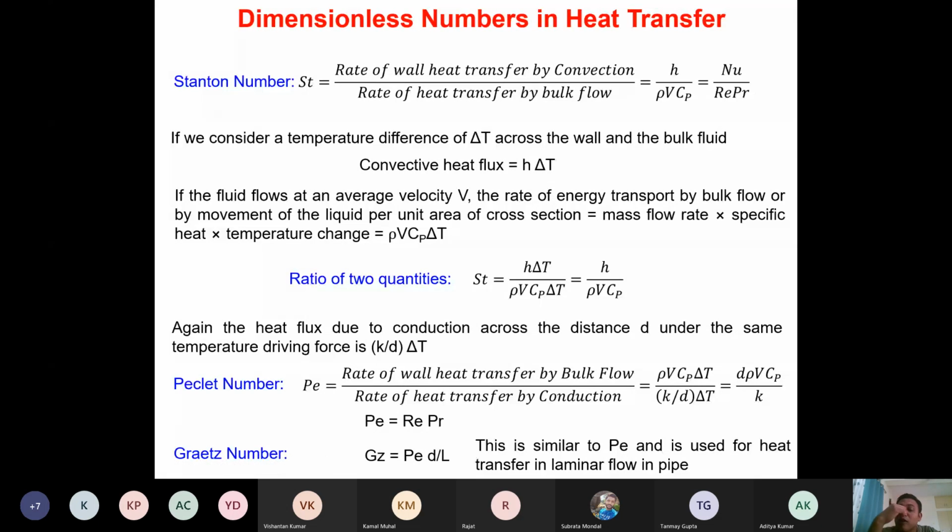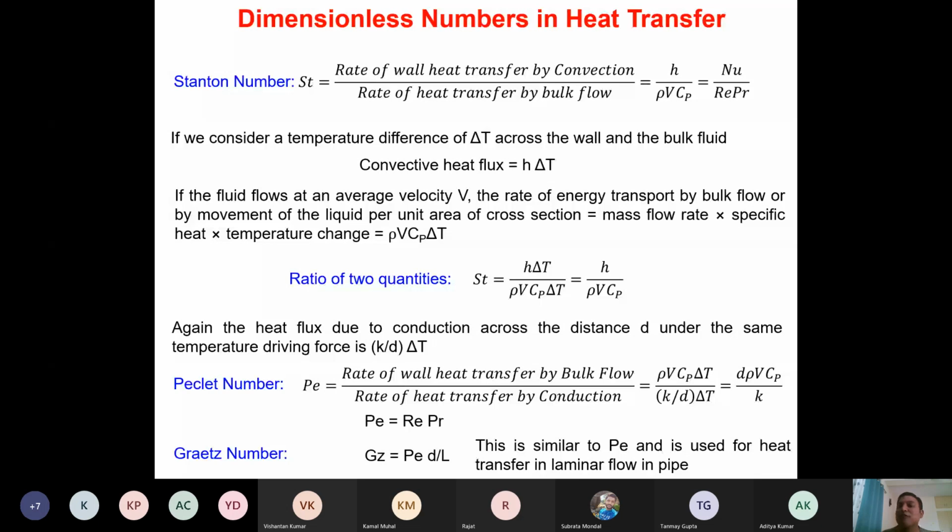Because when we are looking at liquid metals, the Prandtl number is a very different value in that case. So this entire factor is more important there. So in a way these are a combination of the Nusselt number, Reynolds number and Prandtl number.